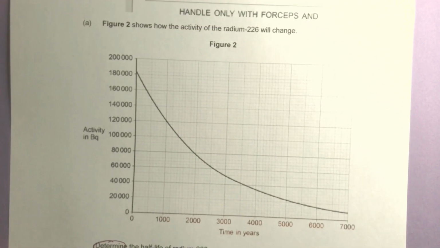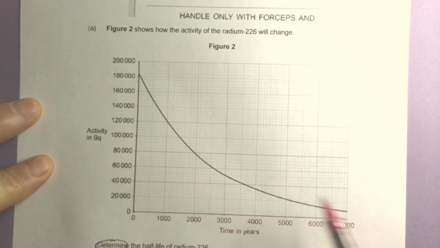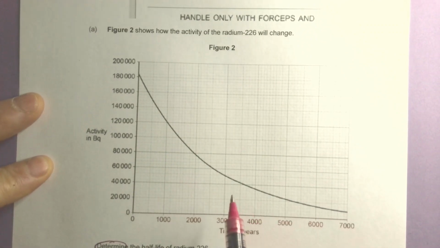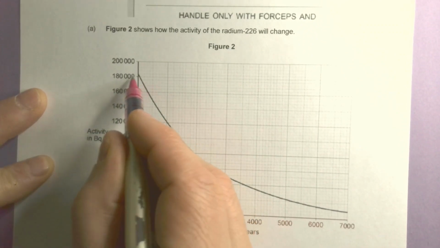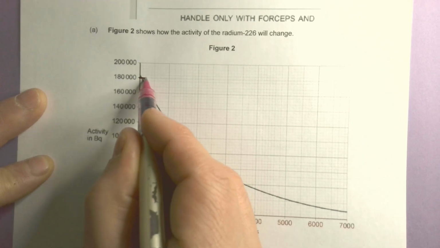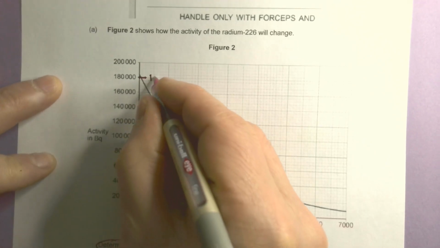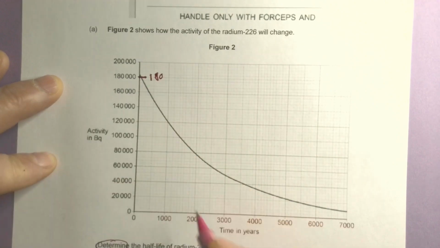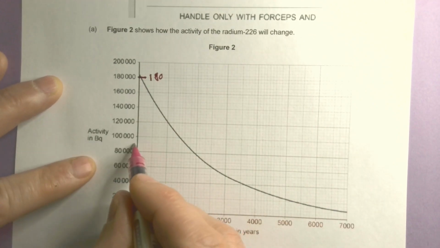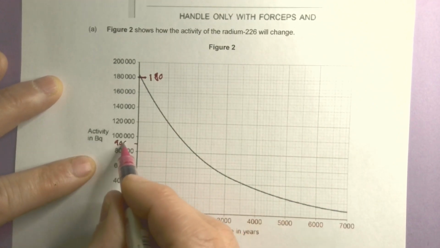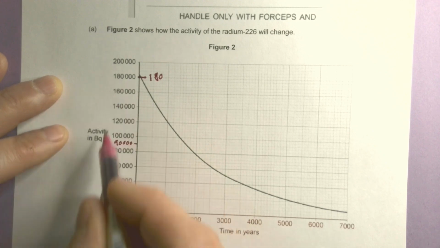So I'm going to find a nice easy number to begin at. So here we go, I'm going to begin at 180, it's quite a straightforward one there. So that's 180 at the start. Half of that will be 90, because that's half of 180.